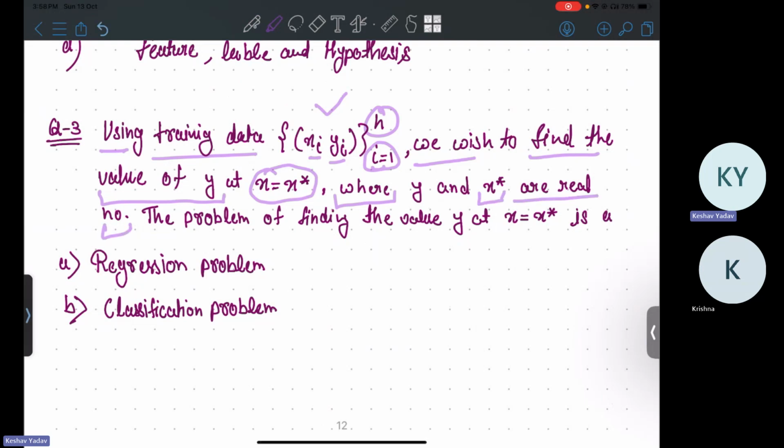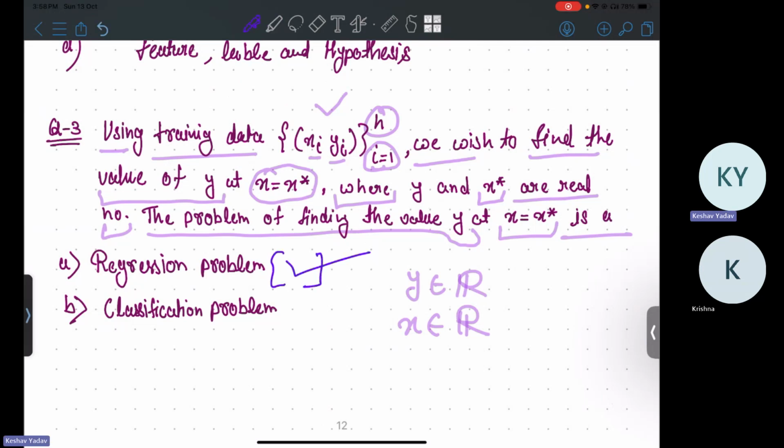The problem of finding y at x star is what? When y belongs to real numbers and x also belongs to real numbers, the problem is a regression problem, not a classification problem.